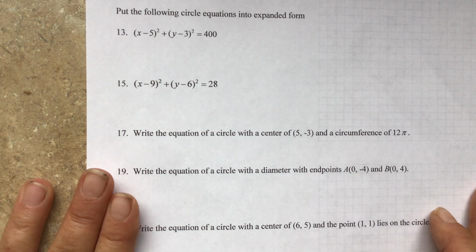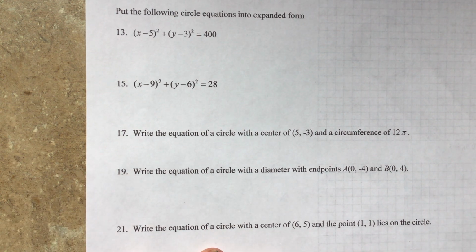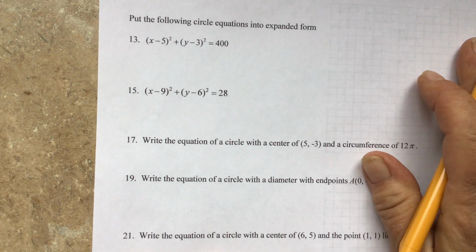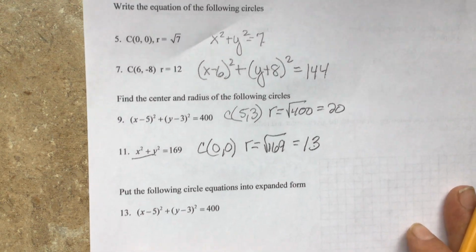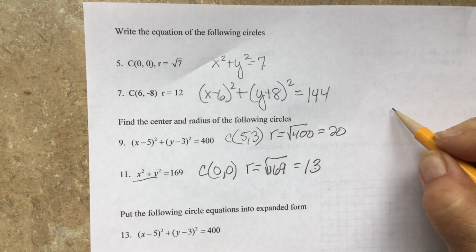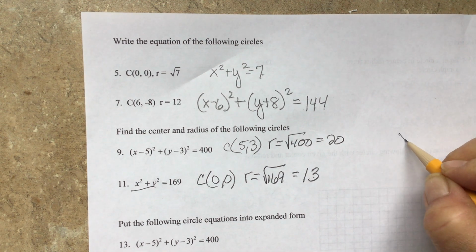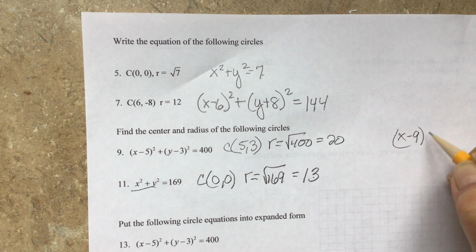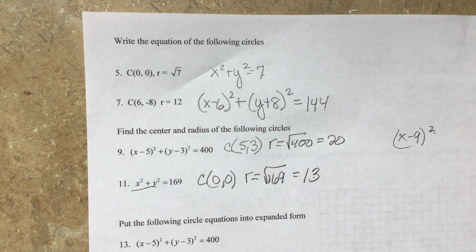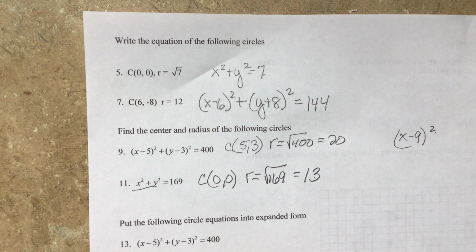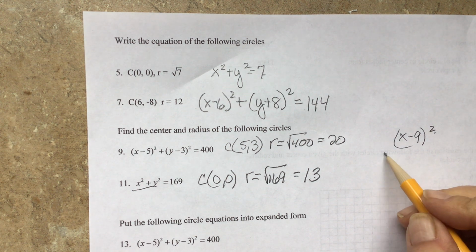All right, put the following circles into expanded form. Actually, I'm going to come up here first. Let's say I do x minus 9 squared. Way too many of you are going to tell me that it's x squared plus 81. That's not what it is.